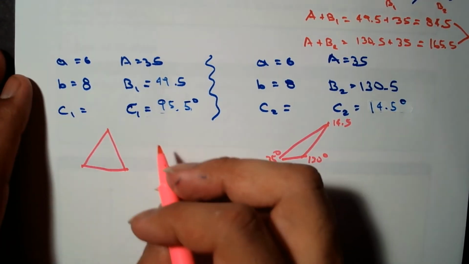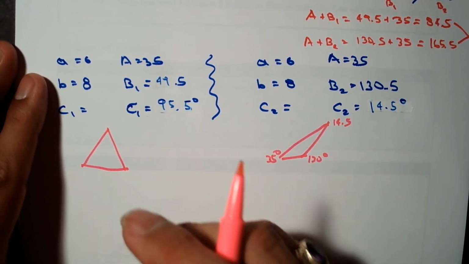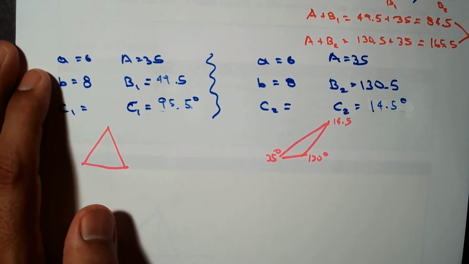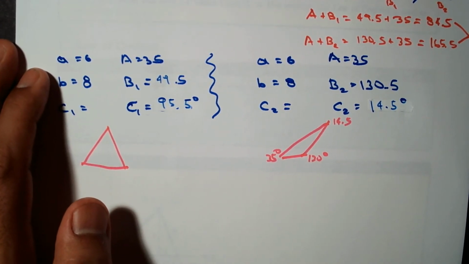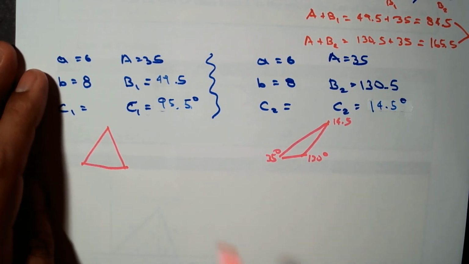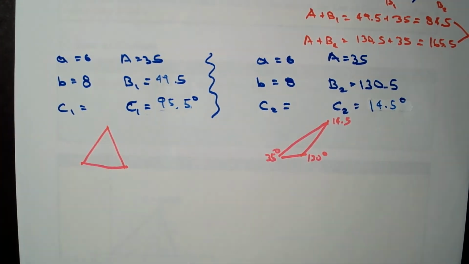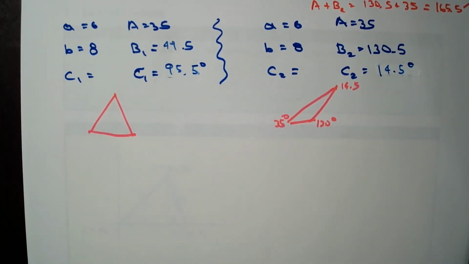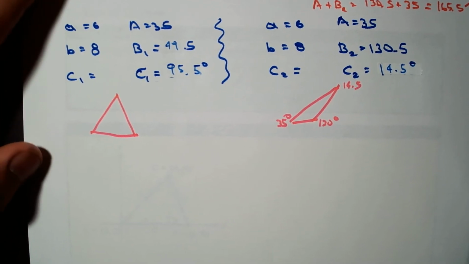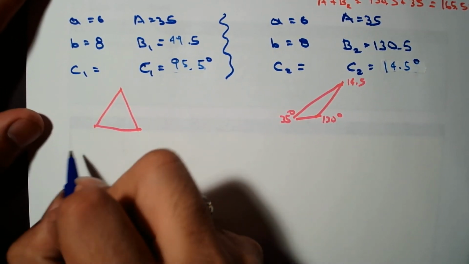Where's my other 35 degree? In this case, that's 95.5. Okay, let's just give the pictures like this.